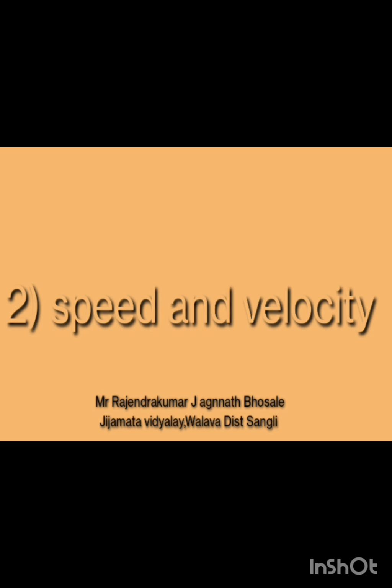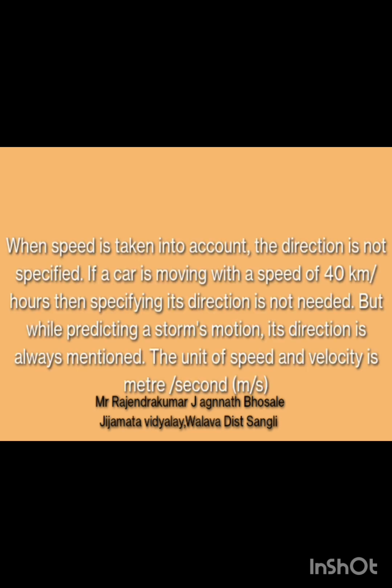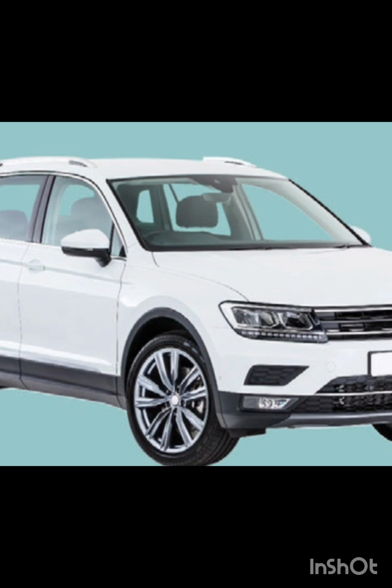Now let's see the second part, speed and velocity. Do you understand everything about displacement? When speed is taken into account, the direction is not specified. If a car is moving with a speed of 40 km per hour, then specifying its direction is not needed.